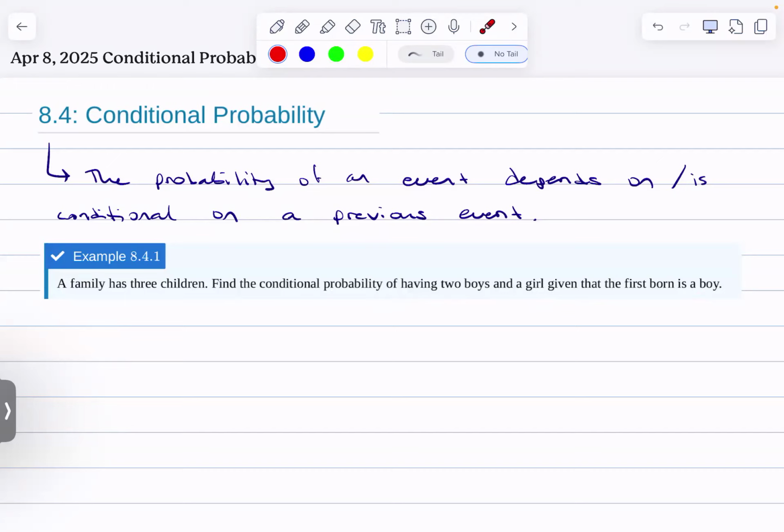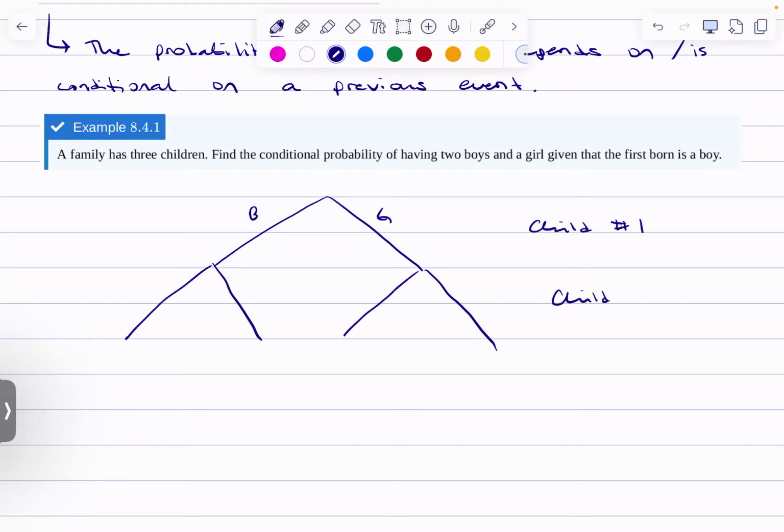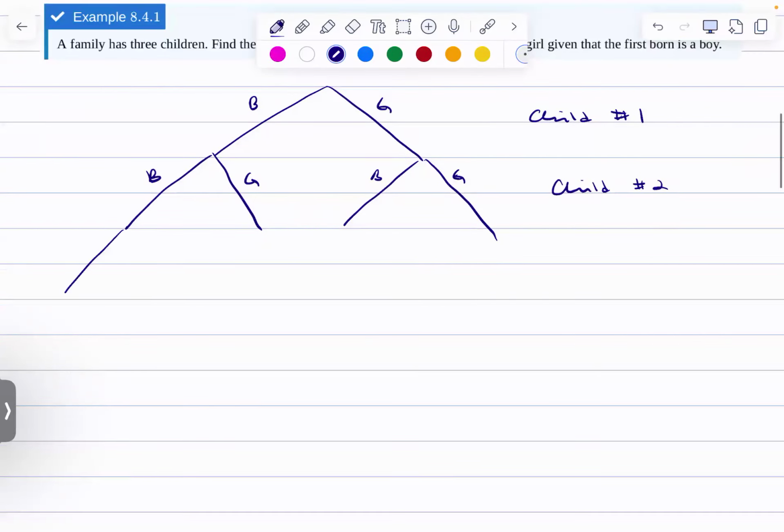I think the easiest way to solve these is by drawing our tree of all the possible outcomes, drawing our sample space essentially. We've got 3 kids, and we're just going to assume boy, girl. So child number 1. Child number 2 can be either boy, girl, boy, girl, boy, girl. Or child number 3.